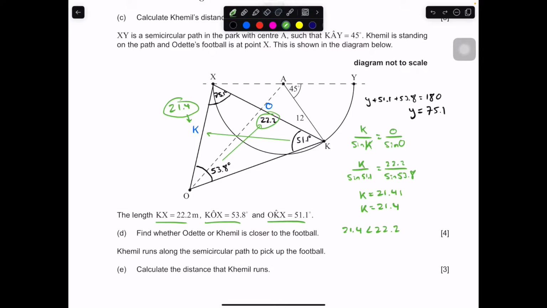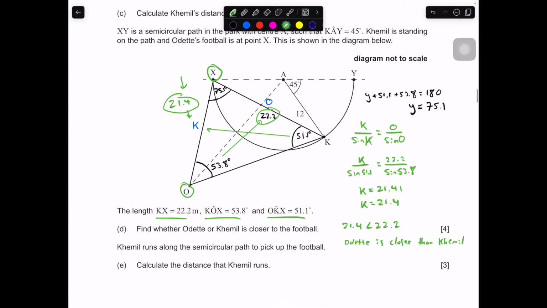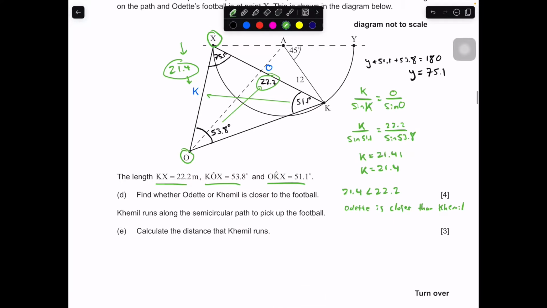Odette is closer. This is Odette, this is the football, and this is the distance. So Odette is closer than Camille. Not too bad so far.